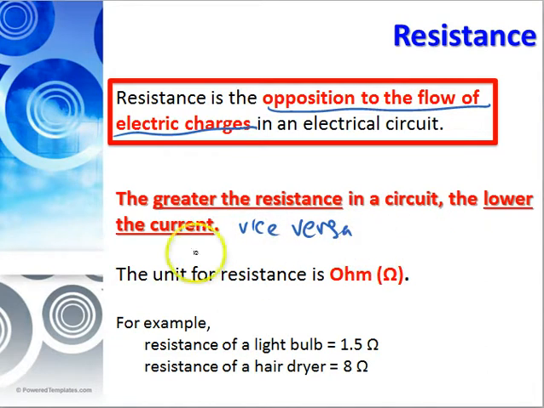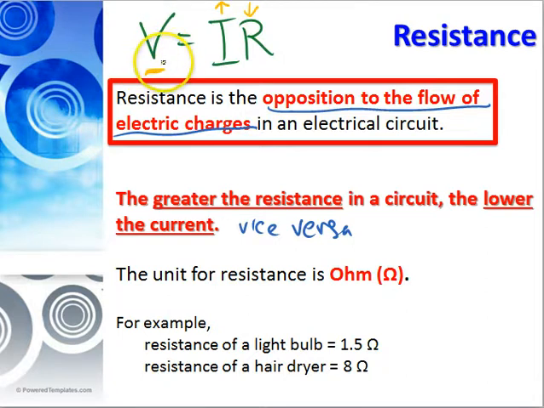There's actually a formula here that will help, so please take this down. V equals IR. For a constant voltage, when I increases, R must decrease. So you can see here, if the voltage is constant, which most of the time depends on the battery, when the resistance drops, the current will increase.